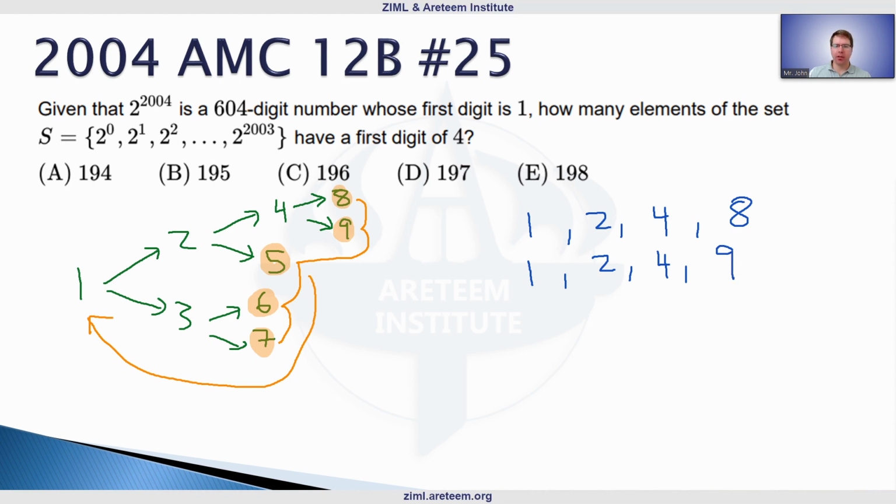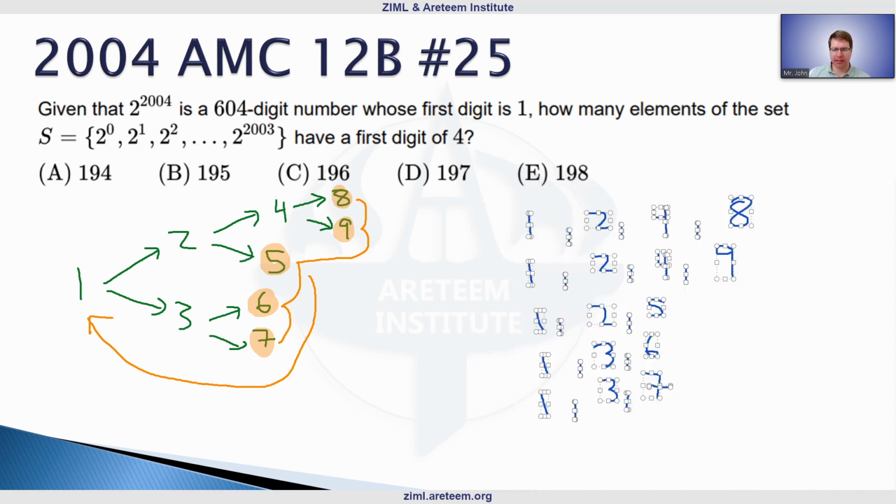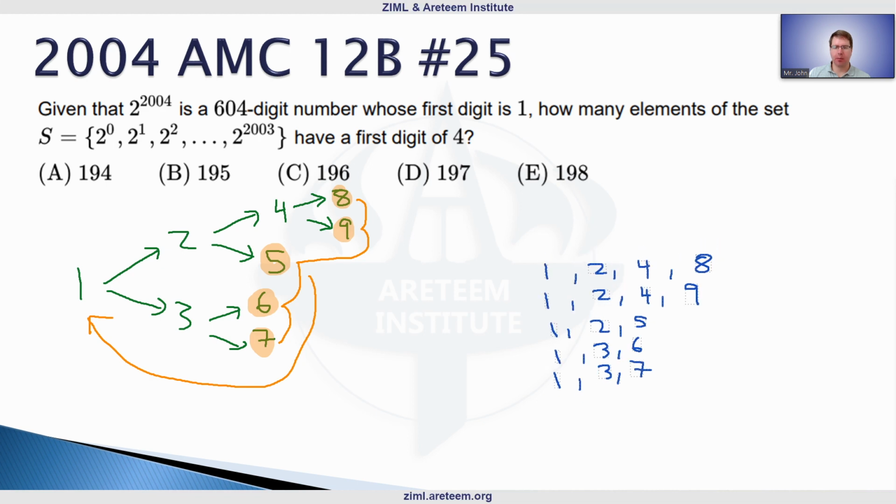Or you have a 1, 2, 5, and then it starts over, or you have a 1, 3, 6, and then it starts over, or a 1, 3, 7, and then it starts over there. So let me shrink this down a little bit here, but these are the different patterns that we have in this scenario.